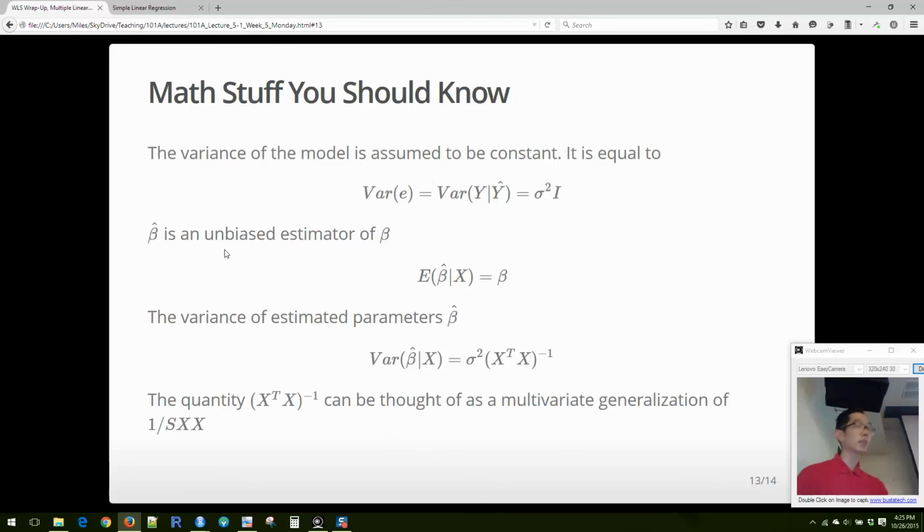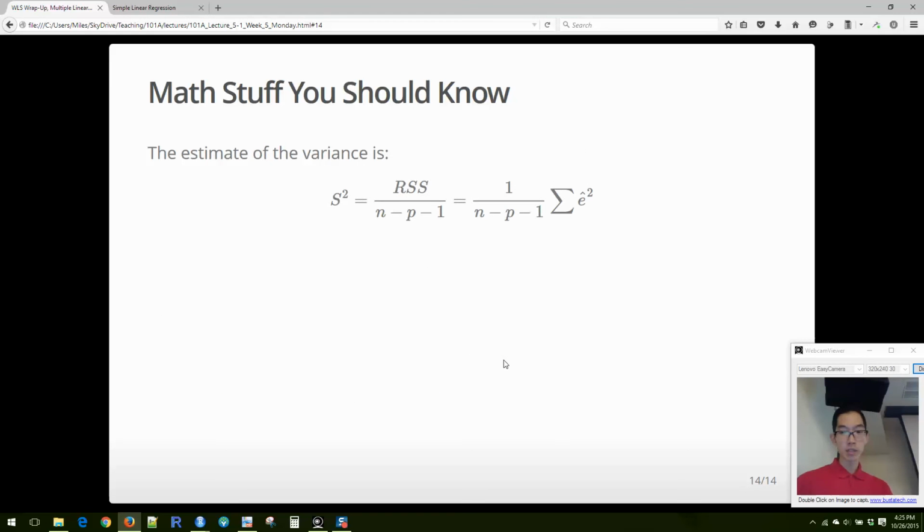If somebody asks for the standard error, which I didn't print in here, the estimate of the variance is s squared, the residual sum of squares divided by n minus p minus 1. So instead of n minus 2, now for all of the x variables, as many p as you have, you subtract that many off.